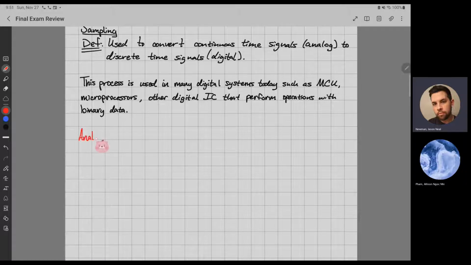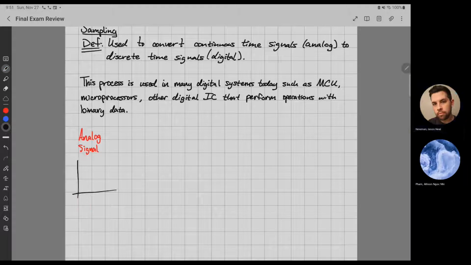Say we have an analog signal, and we're going to draw it right here. This is time, and this is a function with respect to time. This function could be v of t for voltage, i of t for current, but I'm just going to say x of t because it's a generic function.